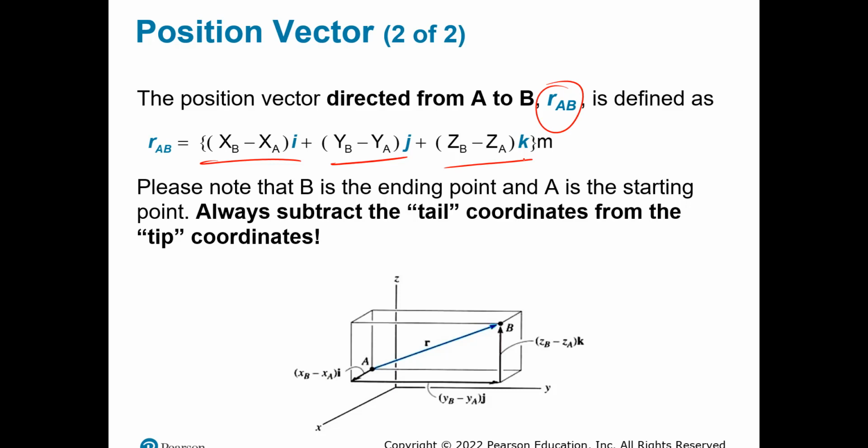So what you do at the end is subtract the tail coordinates from the tip coordinates, because you're going from A to B. If you perform that subtraction, you will be able to define the position vector called RAB.